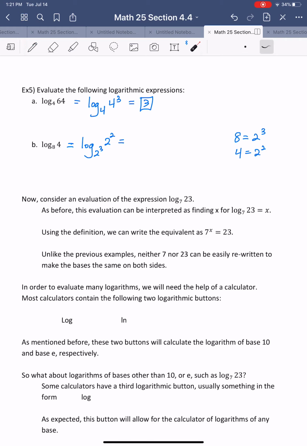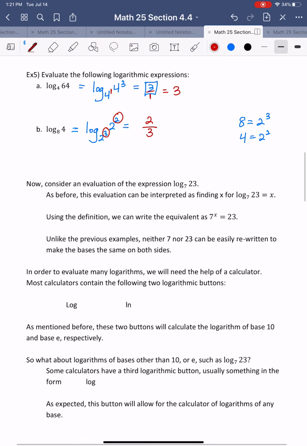But on the top here, the exponent for the base 4 is 1. So this is actually 3 over 1, a ratio between the two exponents, which is 3. But this time you have a 2 and 3, right? So put the ratio. So it's 2 over 3. That's the value of the log base 8 of 4.